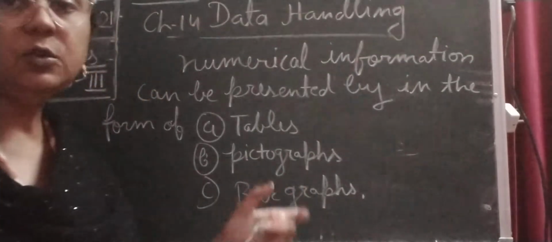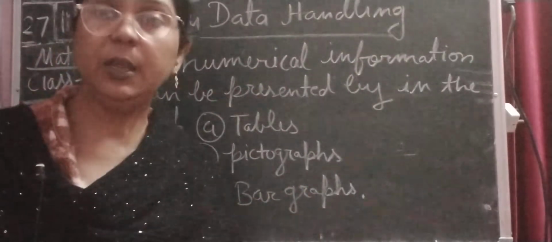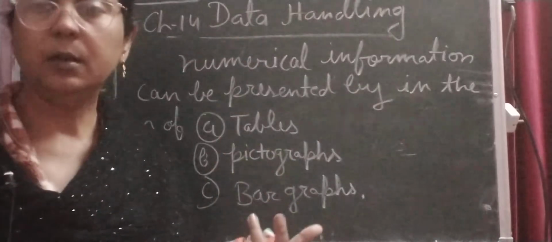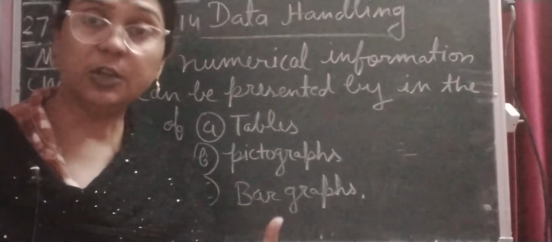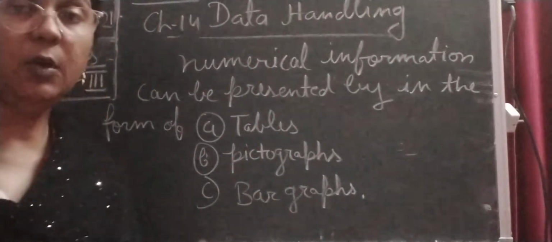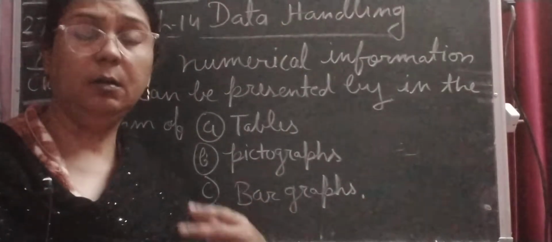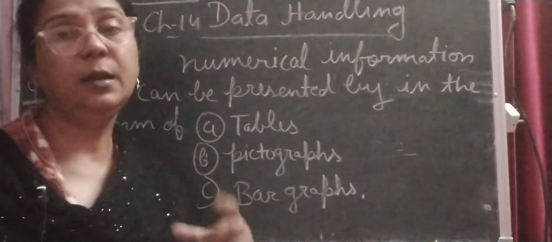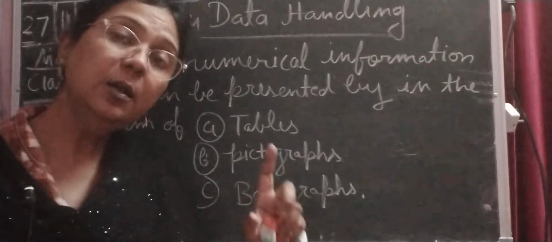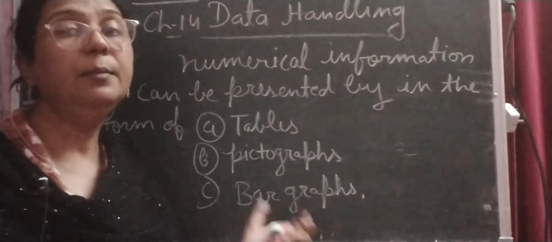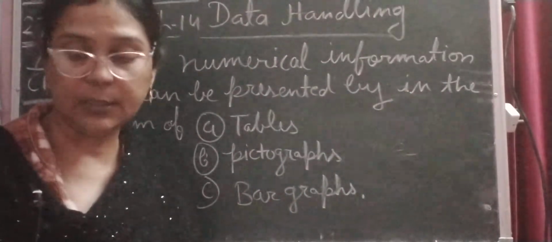Okay, and the pictograph, as I have already given the instruction, or you can say I have already given a concept of pictograph, that it can be shown by the pictures, and bar graph as we have already discussed.